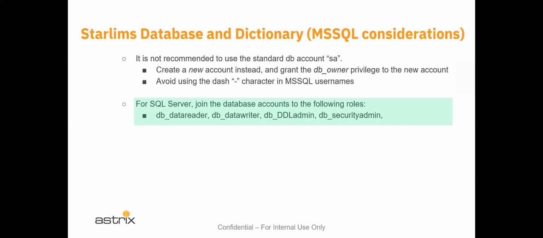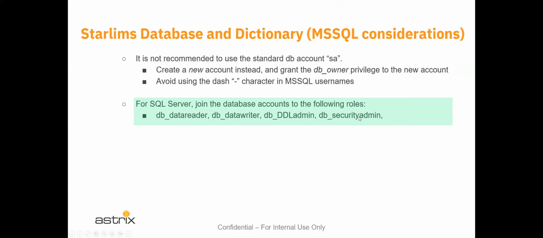For SQL Server, also join the database accounts to the following roles. And a DBA will know what this is all about, but they may ask you what roles, for example, they need to connect their database accounts to. So you don't need to know how it works, just need to know that it works. They need to be DB_data reader, data writer, DDL admin, and security admin.